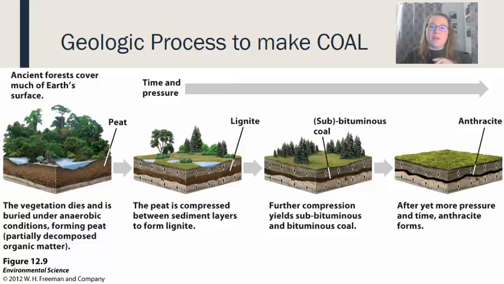It's going to have less sulfur emissions compared to the lignite, but in general, coal has a whole lot of emissions. You will need to know the order of the coal: lignite, then subbituminous, then bituminous, and then anthracite, with anthracite being the most desirable, with high energy content compared to the lignite, which is the least desirable.